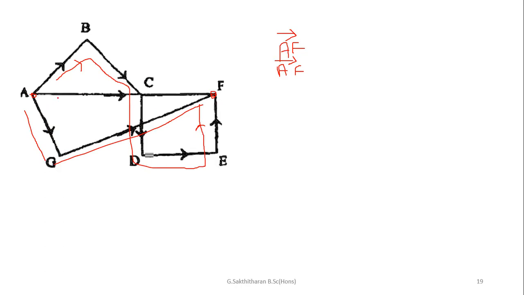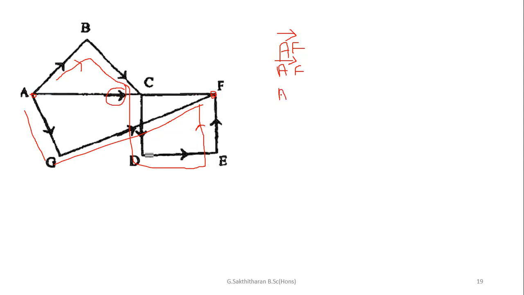And also there is already the vector AF here, marked with this arrow, so we have another AF.